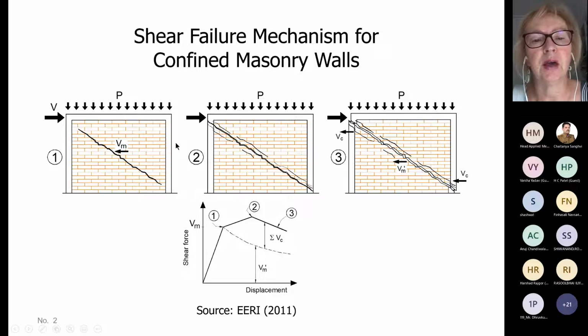After that, with a further increase in loading, of course cyclic loading, with different intensities of earthquake cycles, there is propagation of cracks into the tie columns. That is when the maximum capacity has been reached.